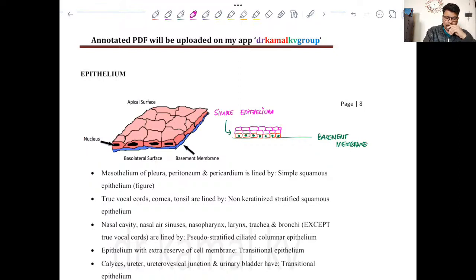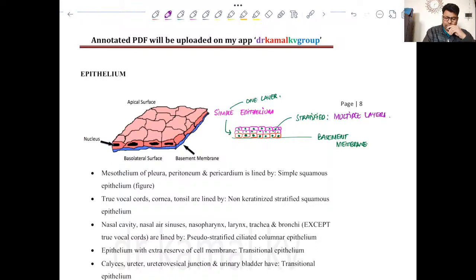Clear? So if there are multiple layers, you will call it stratified. Right? So simple, one layer, and stratified, multiple layers. So I think you must have heard of this term many times. So this is multiple layers.